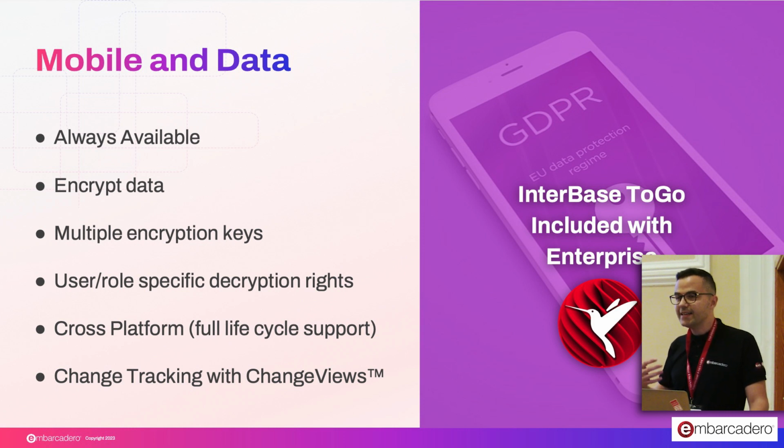Let's say that it's like SQLite, but with InterBase ToGo, you have encryption at rest. So you can encrypt the data inside the phone itself, which, initially you can think, why would I encrypt the data in the device? Well, it depends on the kind of data you're handling.